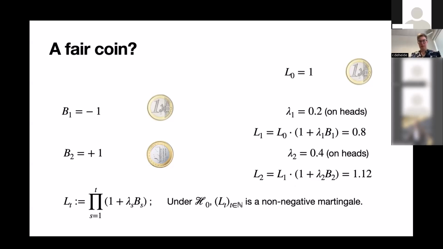And the nice thing about this product is that under the null hypothesis that there is no difference, the coin is not biased, so we don't expect to have more heads or more tails, this thing is a stochastic process. And this is what we call a non-negative martingale. So it's a martingale that only takes positive values.